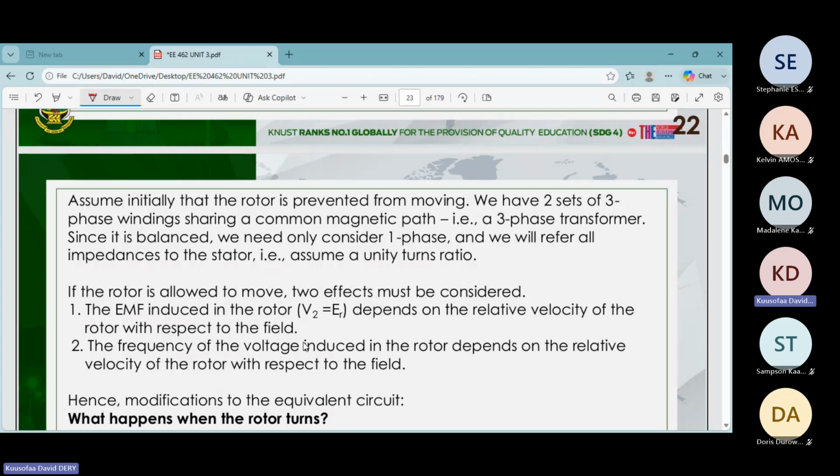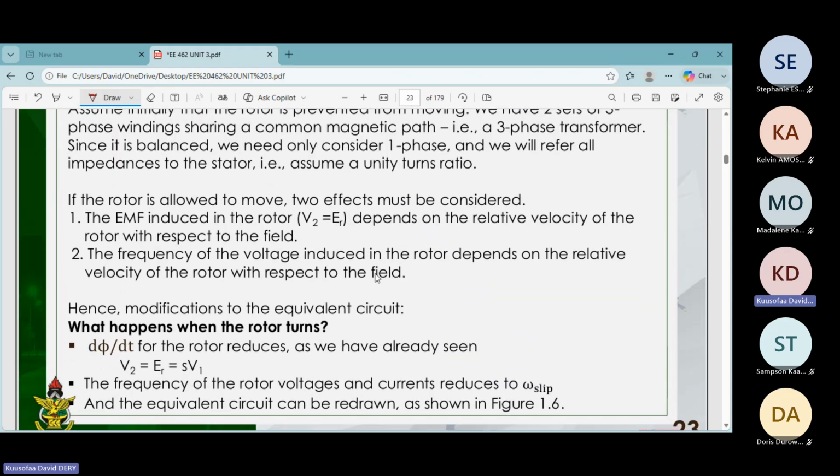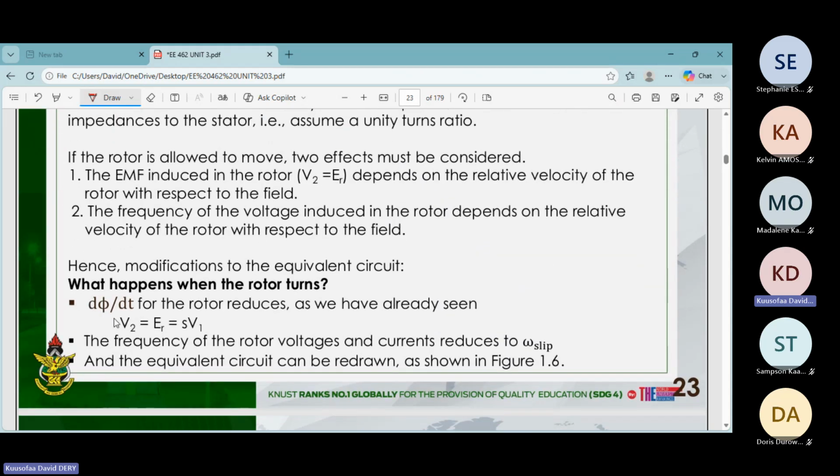We have to modify the rotor circuit so that the frequency on the rotor side is the same as on the stator side, so that we can treat it like a transformer. So dφ/dt for the rotor reduces because it is against the speed.